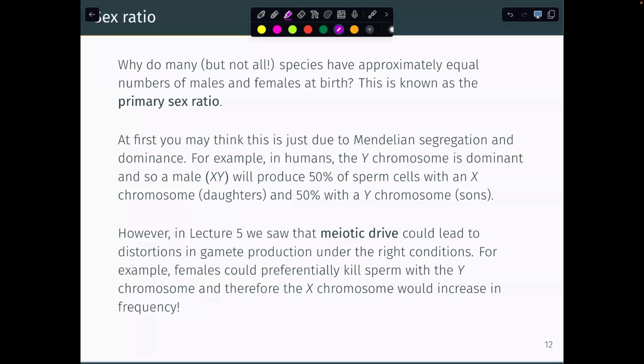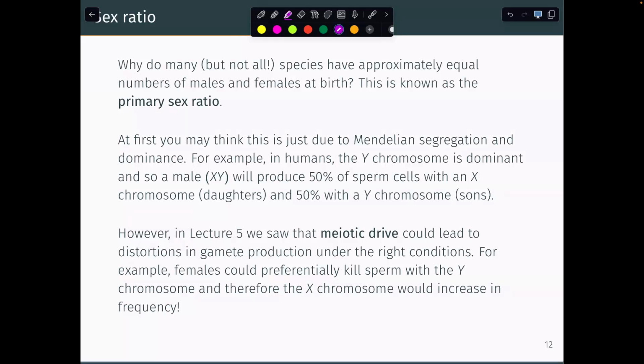If anyone's read The Selfish Gene, who's read The Selfish Gene? You're all terrible. The Selfish Gene, written by Richard Dawkins, is all about the levels at which selection operates, getting away from the idea of what is good for the population, what is good for the species. There is no foresight to evolution.